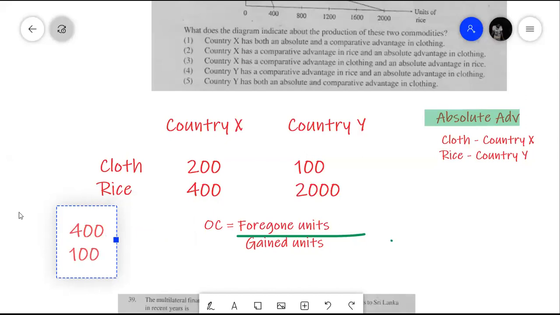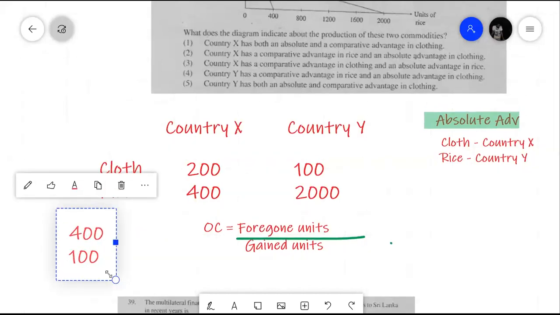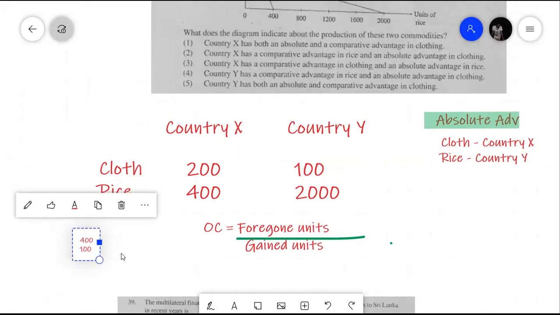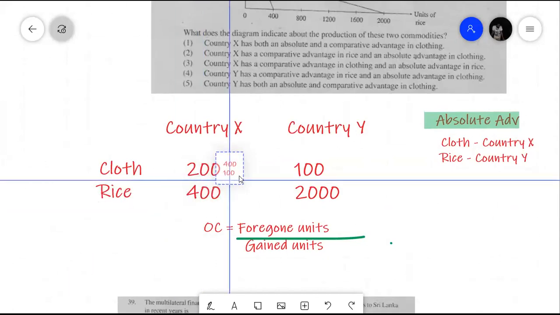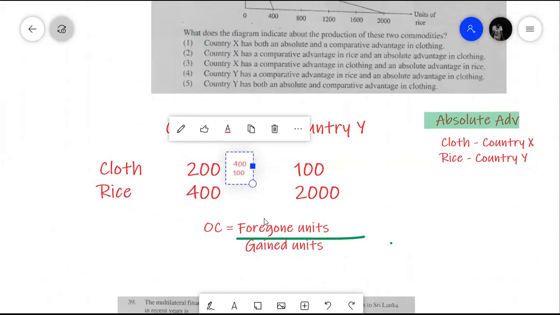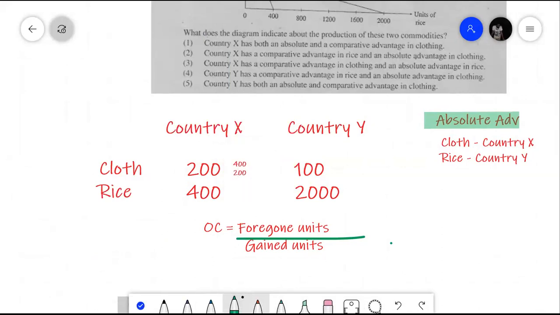Guys, read the graph. Don't always think you only go the horizontal side or only the vertical side. So here, it's 400 divided by, sorry, not 100, 200. To gain 200 units of cloth, they have to forgo or sacrifice this much rice, because if you produce 200 cloth, you can't produce the 400 rice.